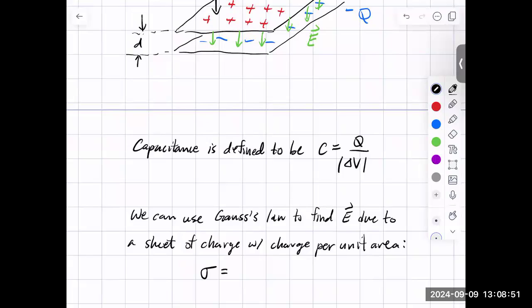Sigma, the Greek letter sigma, is what we usually use to denote charge per unit area. If we just take the charge on a plate Q divided by the area of the plate, that is sigma. So sigma is just the total charge on a plate divided by the area of that plate.